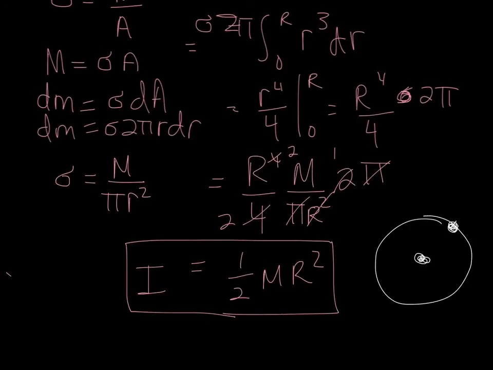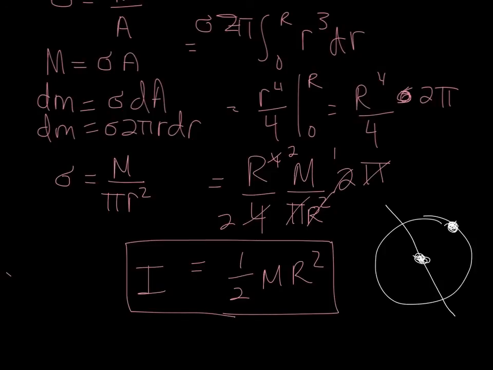Now what you can do is compare: what if we had an axis of rotation here on the end, one here in the middle, or maybe one that's perpendicular to both of those? What if it was spinning like that? How would that affect it?